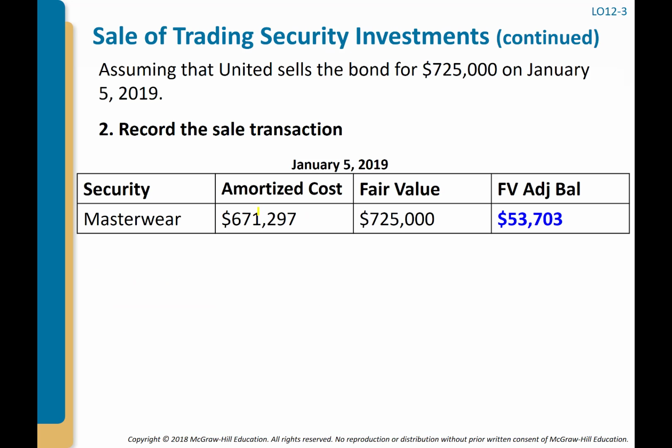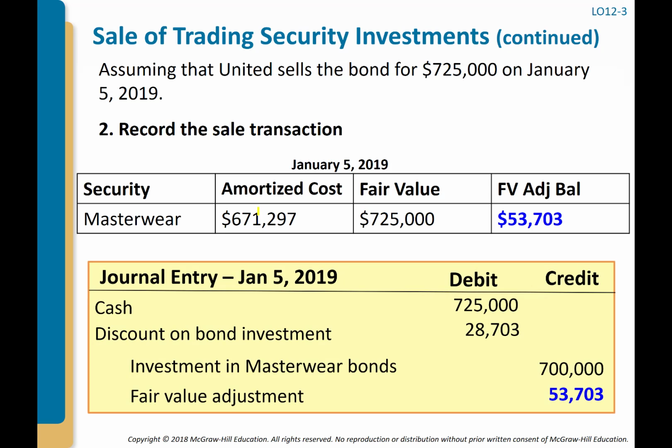Okay. Now, the other option is, let's say we hadn't made the adjustment when we were getting ready to sell it, but we just wait until we're actually recording the sales transaction. Well, if that's the case, then you'll obviously debit the cash for 725. We'll debit the discount because we have to get rid of that discount, right?